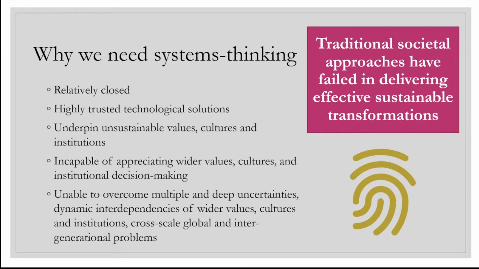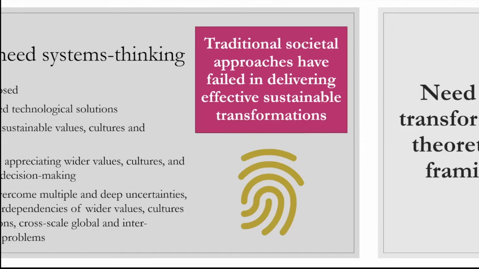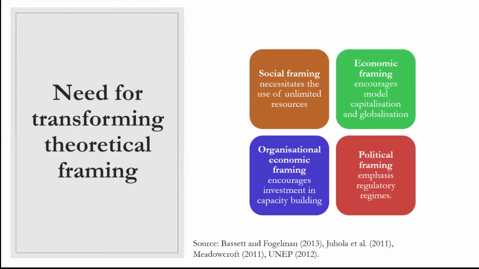So for these reasons, these approaches need to be improved and effectively advanced for sustainable transformation. And there are arguments to support that there is a need to transform theoretical framing. That is, what theory we embed and where we take these decisions. What are the underlying values we have, perceptions we have?